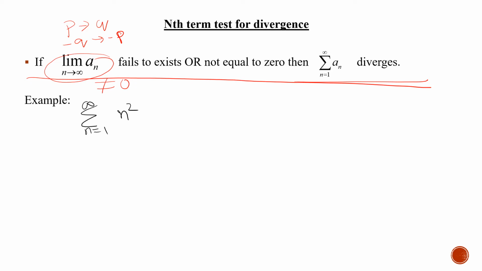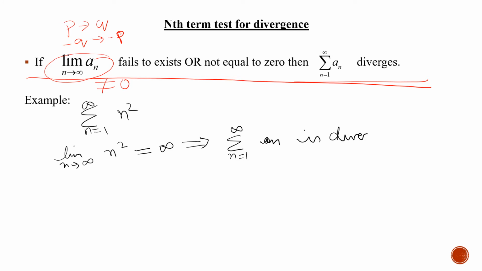If you find that the limit as n tends to infinity of n square is equal to infinity, that is not equal to 0, and it is not finite. Therefore by the above theorem you can say that summation of this an is divergent.